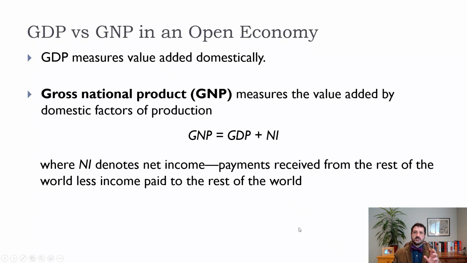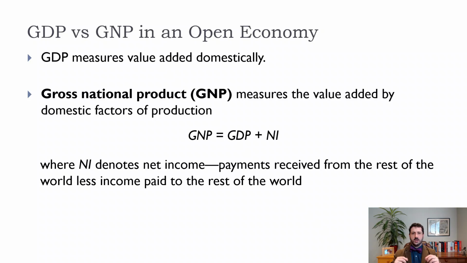So one of the things that's important to think about is the difference between GDP and GNP. If you took economics 40 or 50 years ago, you would have talked about GNP, which is gross national product. Gross national product measures value added by domestic factors of production, meaning all citizens and corporations of the United States around the world, whereas GDP measures value added within the borders.